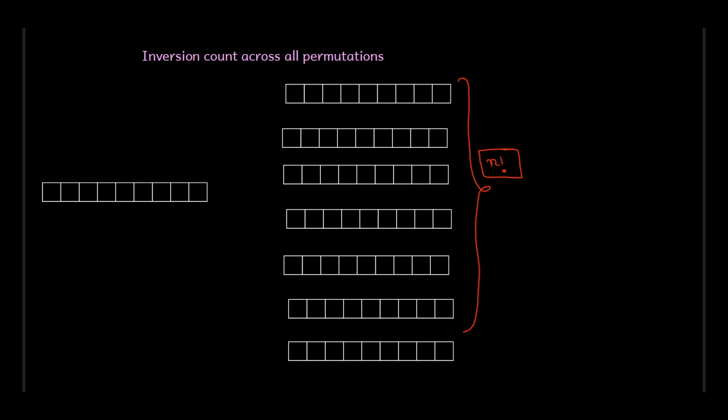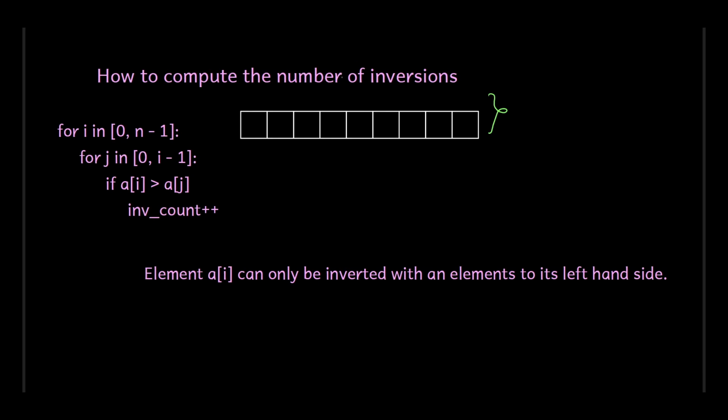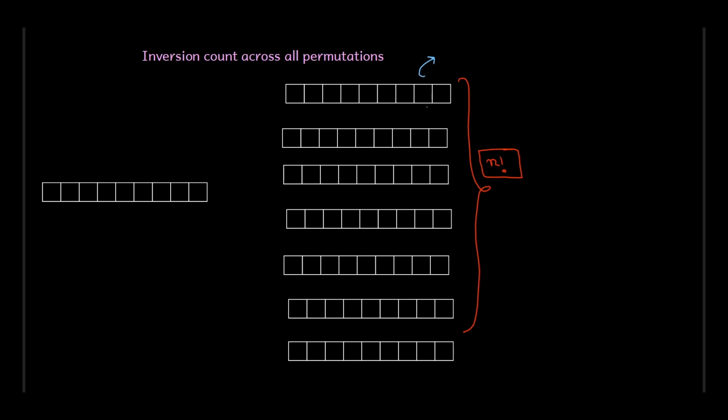Now what is your strategy? You want to count the number of inversions in this using your O of n square algorithm, and then repeat this for all the remaining arrays as well. Right now all these problems are independent, because you are solving them independently. You want to find the inversion count of this, and then sum it up.